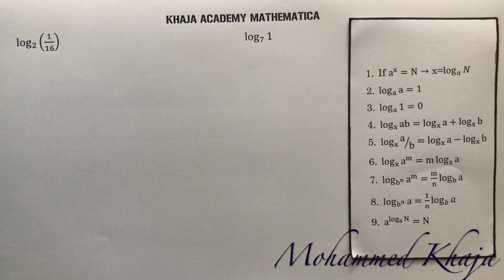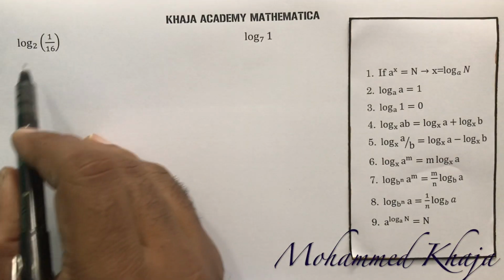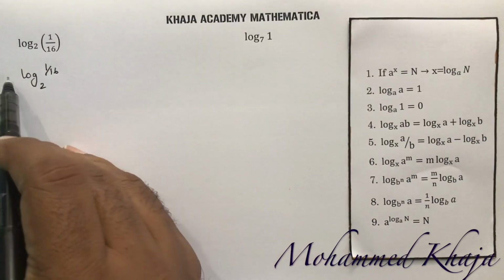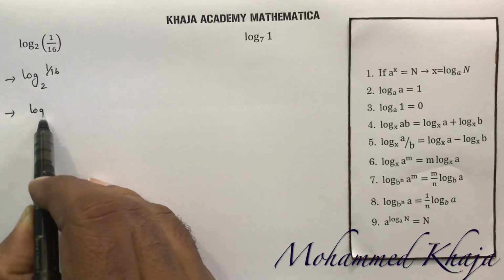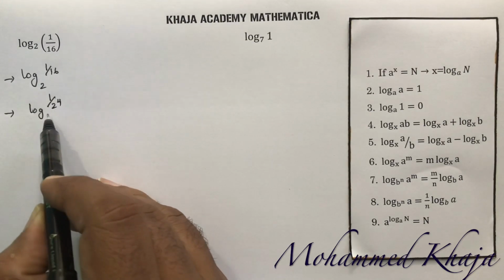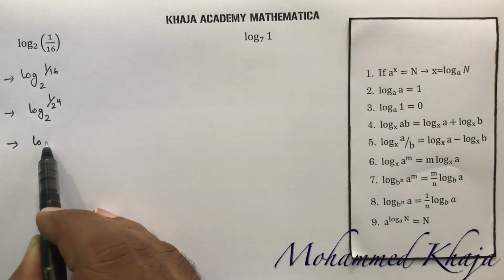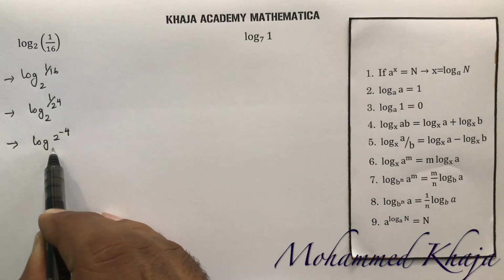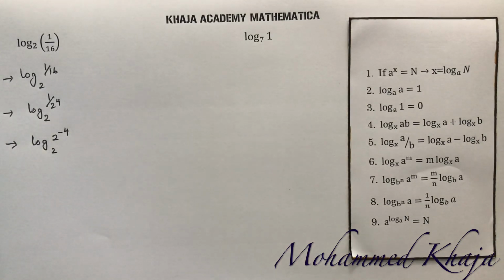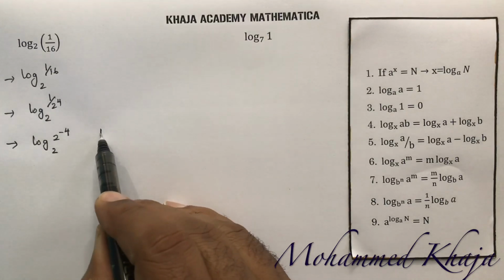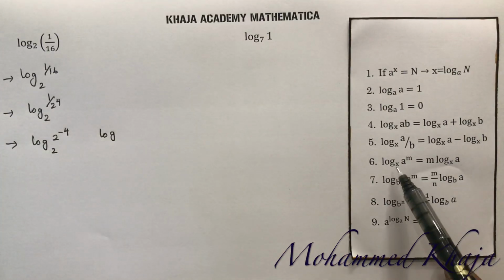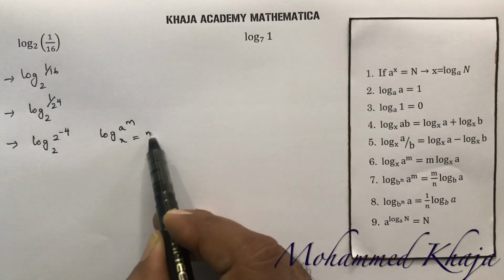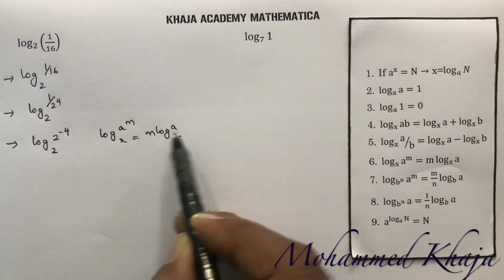Log 1 by 16 to the base 2. Whenever you get a fraction, first write log 1 by 16 to the base 2. So 1 by 16 I can write as 1 by 2 power 4. So log 1 by 2 power 4 I can write as 2 power minus 4 to the base 2. It is in the form of the logarithm of a power, the 6th formula: log a power m to the base x equals m log a to the base x.